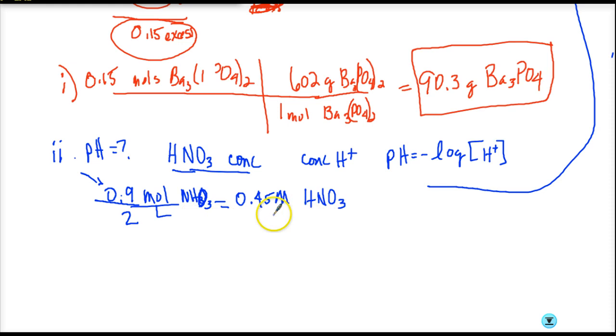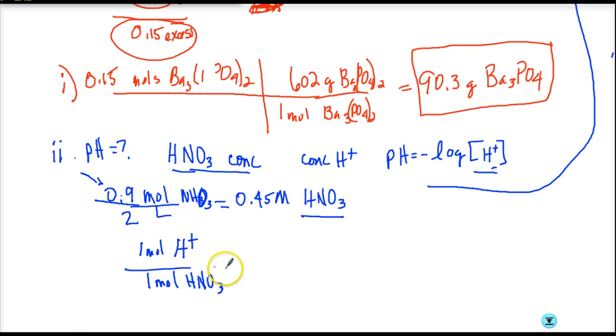And so this is the concentration of the nitric acid, but we still need the concentration of the hydrogen ion, and we get 1 mole of hydrogen ions for every 1 mole of HNO3, and it's a strong acid, so it all breaks apart.